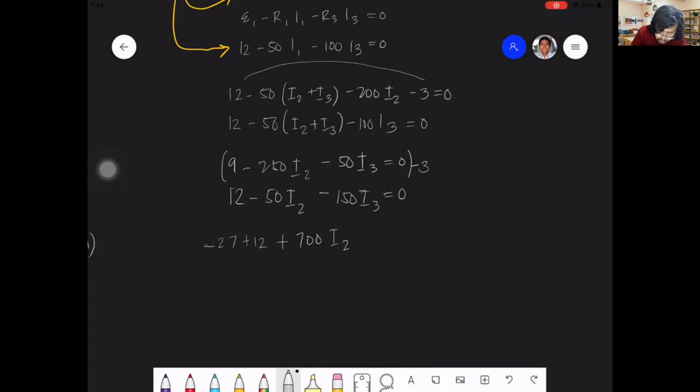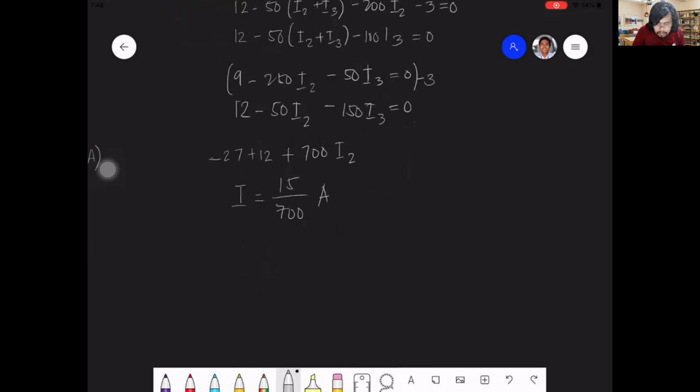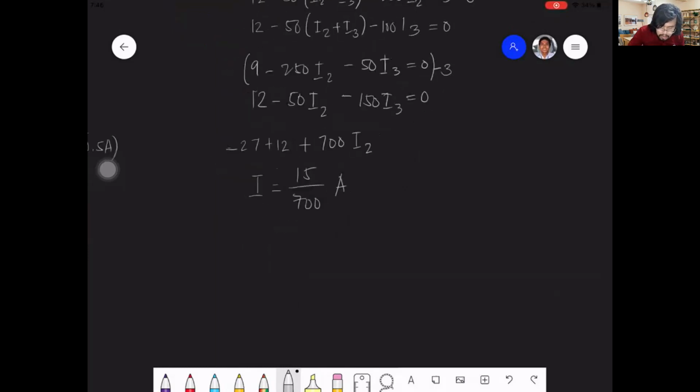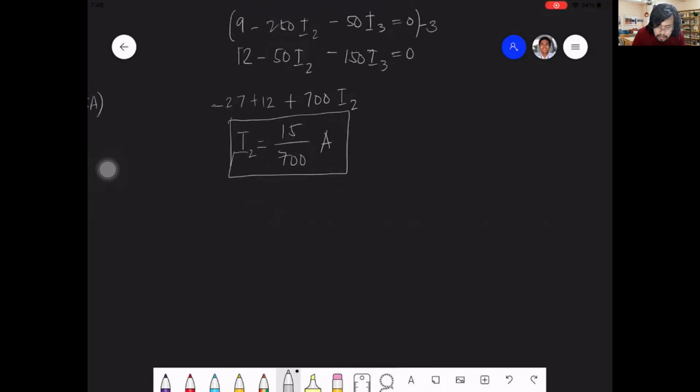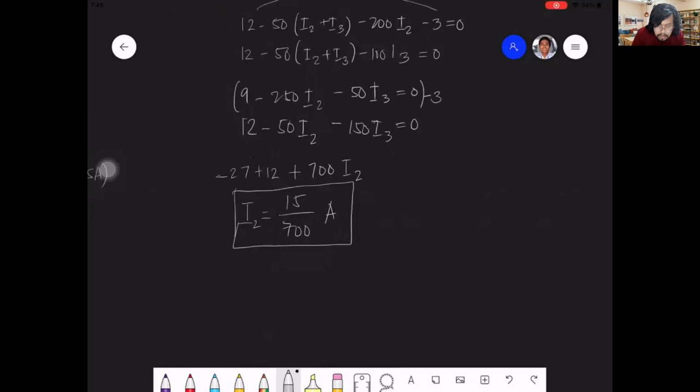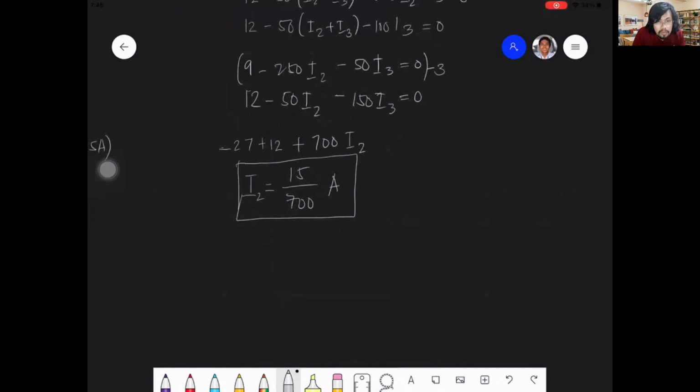And we have I2 as 15 over 700 amperes. This is the final answer. This is I2. I3 is simply what?